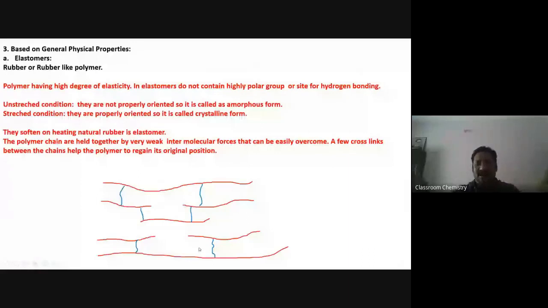The cross links between the chains help the polymer to regain its original position. Means the cross links are present in elastomers, and when it is elongated and the force is removed, it comes back to its original position. At that time it regains its shape, and for that purpose cross links are present.